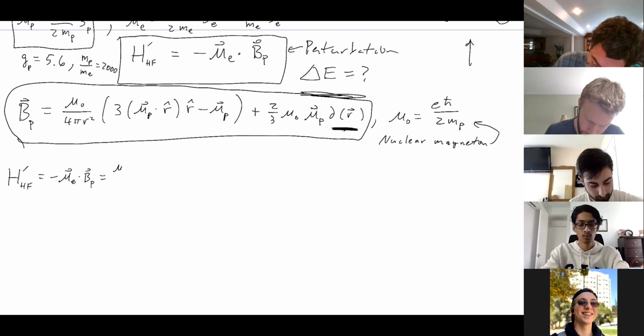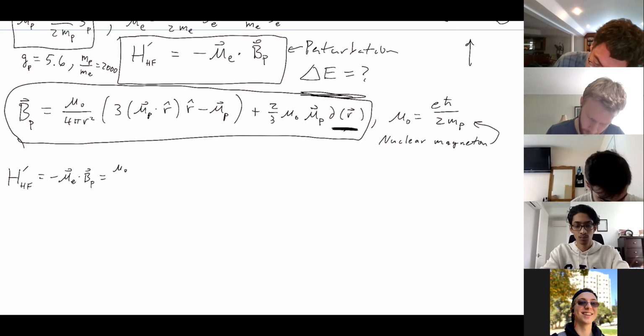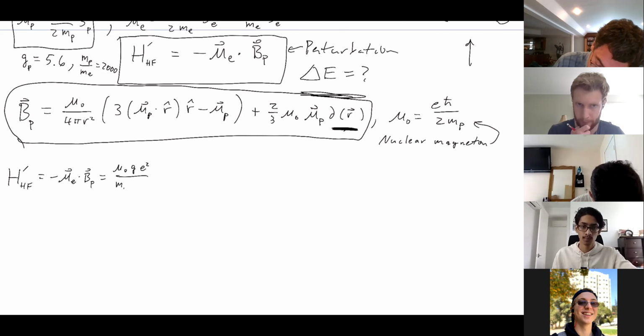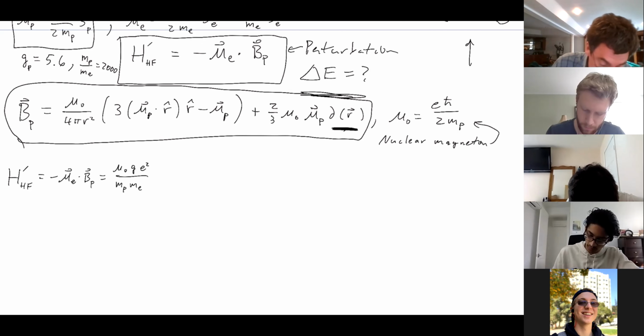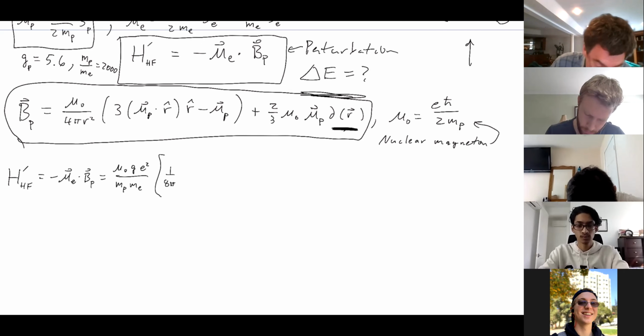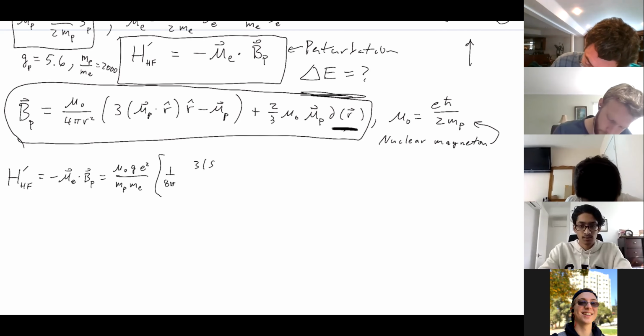This is a very famous formula in quantum mechanics. Mu naught g e squared over m p m e times 1 over 8 pi, 3 s p. It's quite a pain to draw.